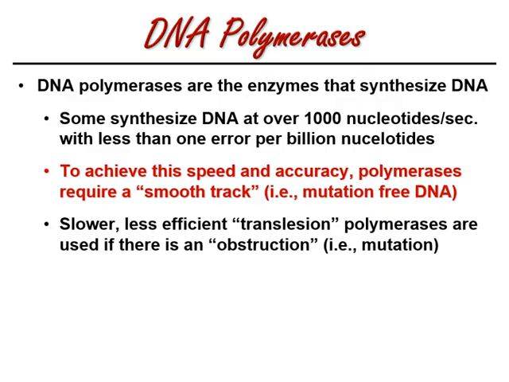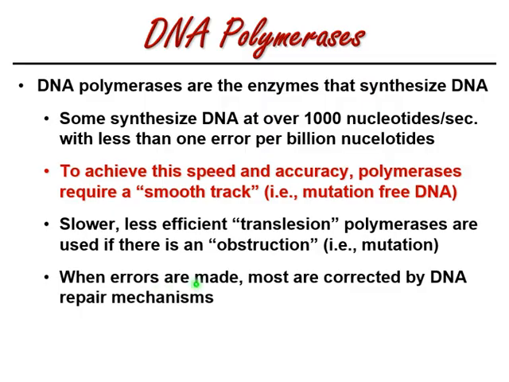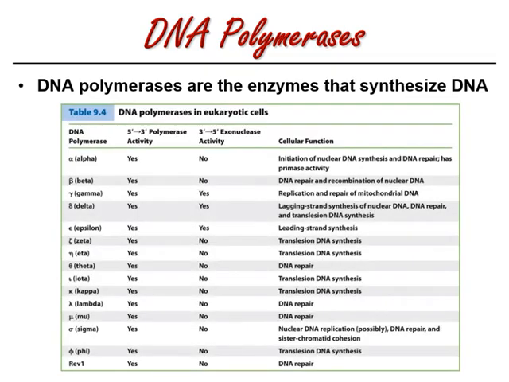Obviously we're not going to correct everything, but all of this contributes to that fidelity, making it more and more accurate. So when errors are made, most are corrected by DNA repair mechanisms. The proofreading of the DNA polymerase is one thing while it's being synthesized, but then after the fact, you have DNA repair mechanisms.